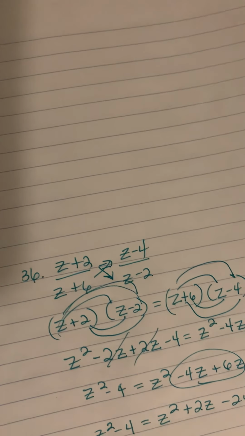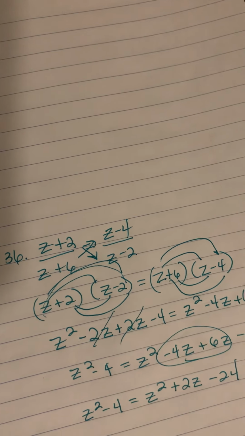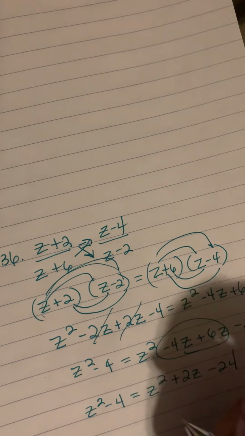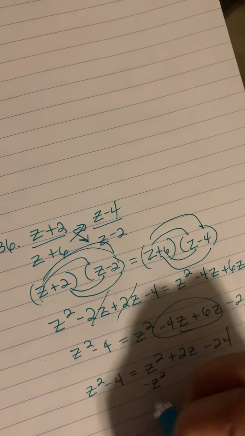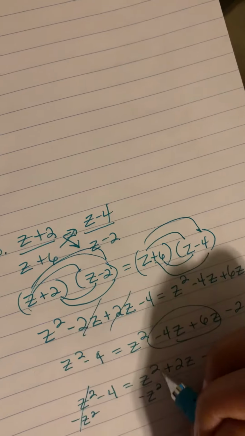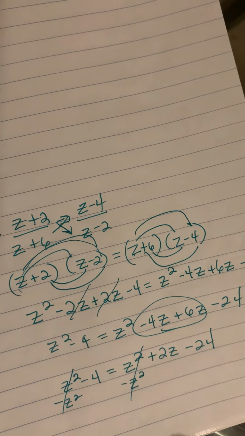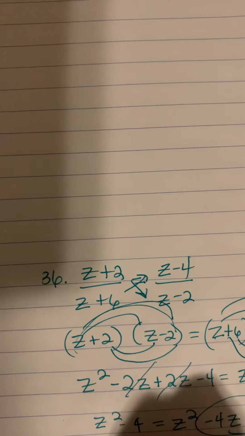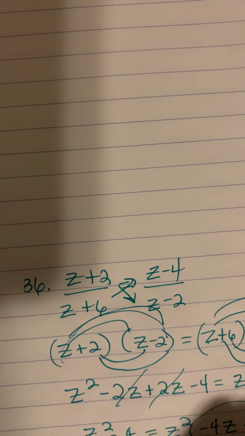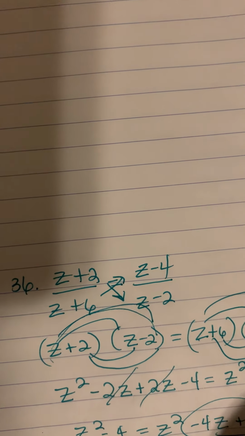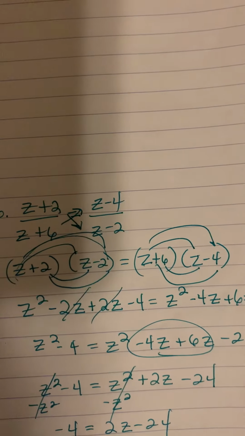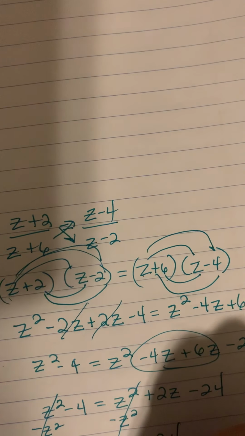Okay, all right. What am I going to do? First of all, I'm going to get the z's together. That's going to cancel out. That's going to cancel. So I'm left with that negative 4, 2z minus 24. Okay, well, help me move the 24 over there with the negative 4.